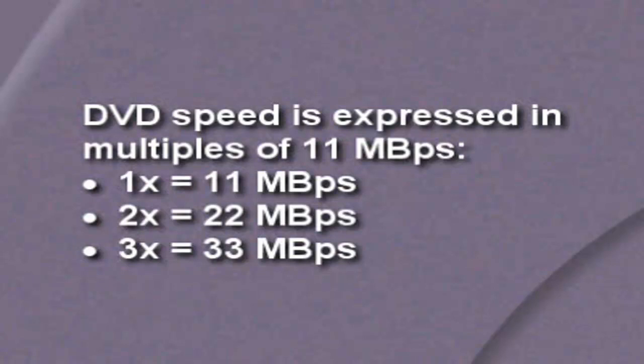Also, like a CD-ROM drive, DVD drives are rated according to their speed, and they're rated in much the same way. We have a 1x, a 2x, a 3x, a 4x, etc. However, the speed involved is very different. With a DVD, a 1x drive transfers data at 11 megabits per second, a 2x drive transfers data at 22 megabits per second, a 3x drive transfers data at 33 megabits per second, and so on.